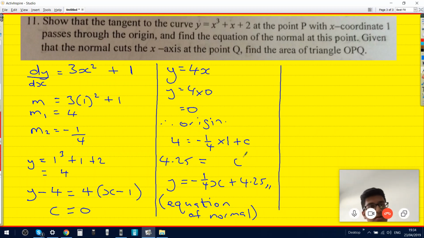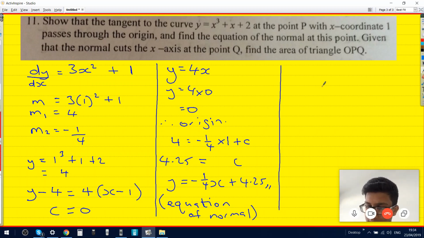Right. So we want to find the area of triangle OPQ. So we need to then sketch the graph, I think. Well, I don't think we found the point Q. But okay, yeah, can you sketch it first? Yeah.